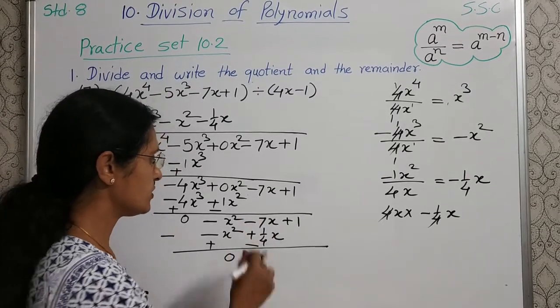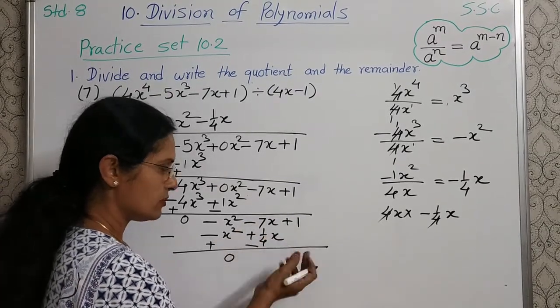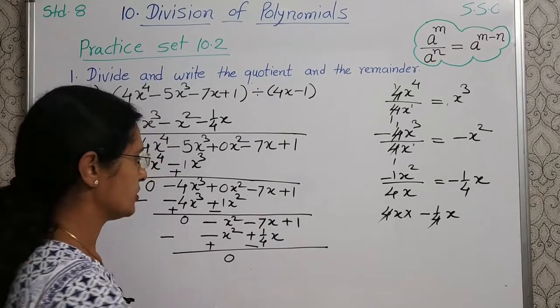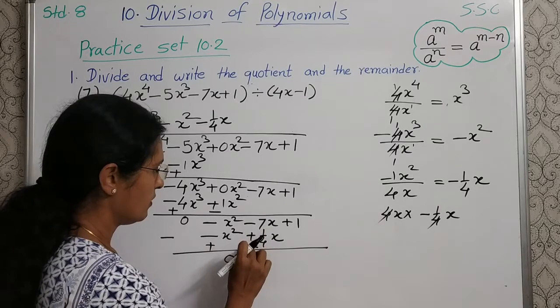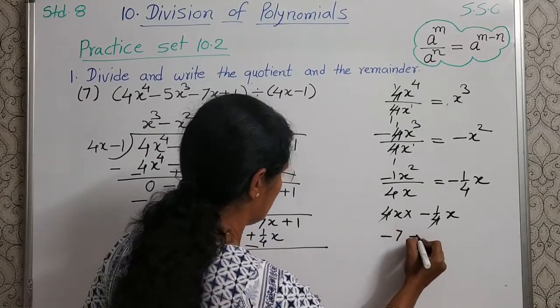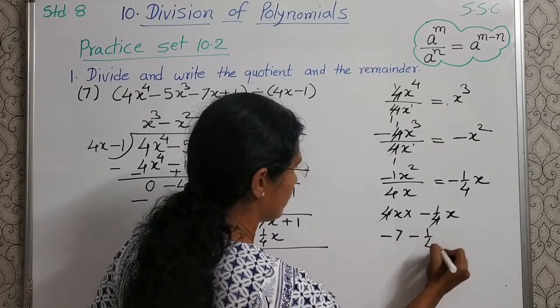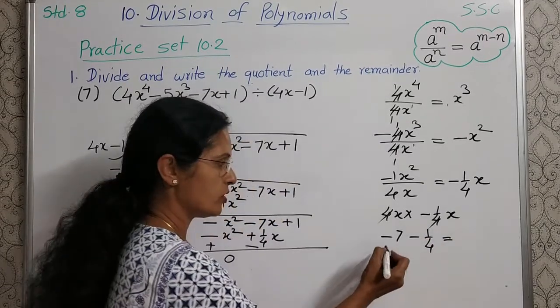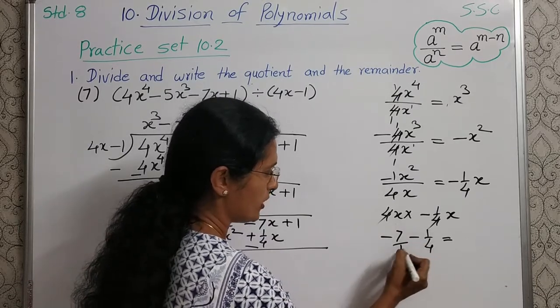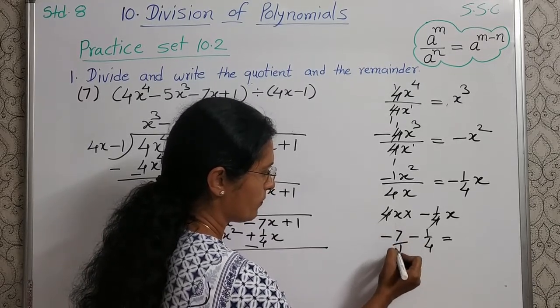Now how to solve this? The common variable will be x, but what will be the coefficient? Minus 7 minus 1 by 4. Now solve. Here the denominator is 1, so LCM is 4, multiply here by 4.